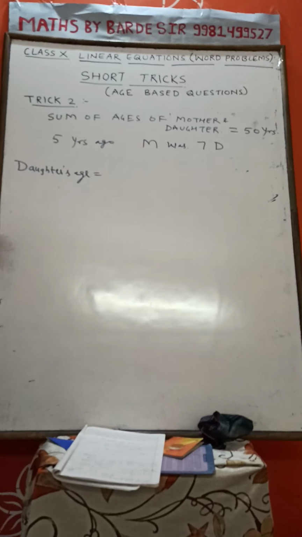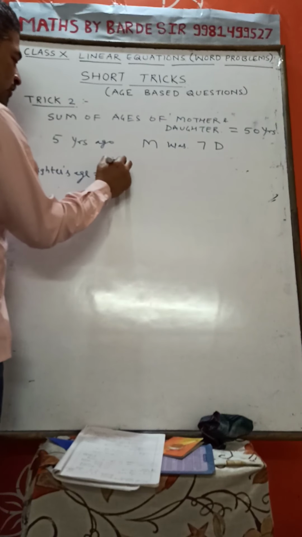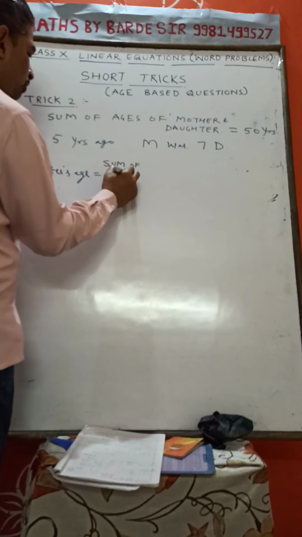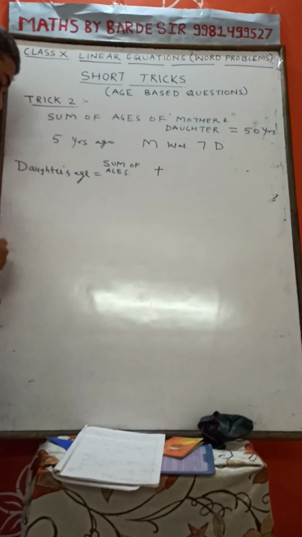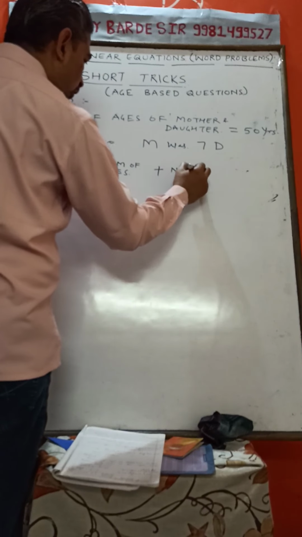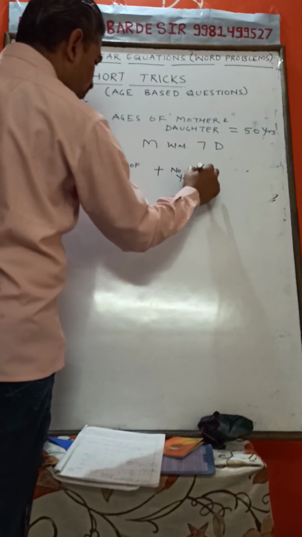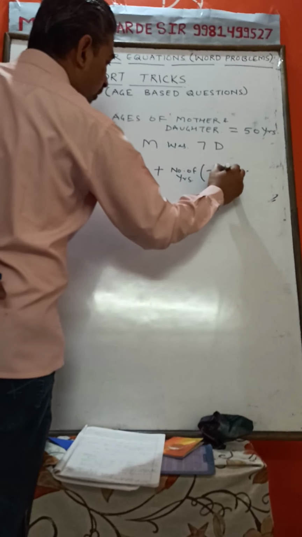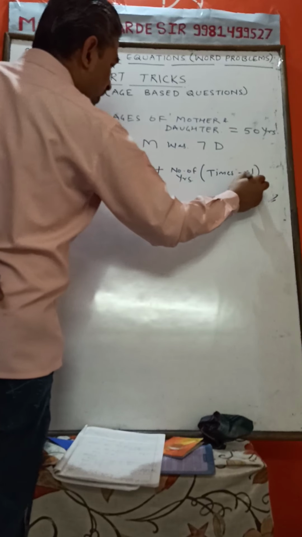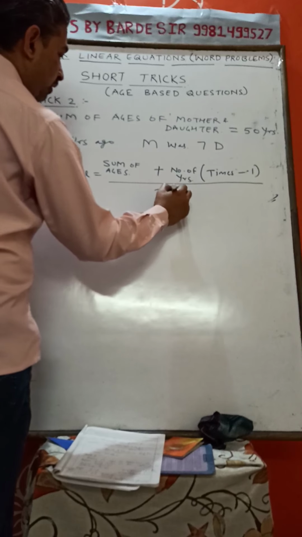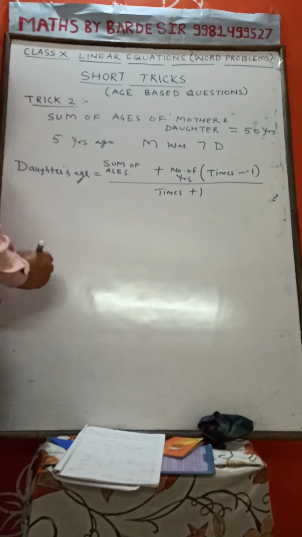So in this case, to find out daughter's age, we'll directly use a formula: sum of ages plus number of years multiplied by times minus 1, upon times plus 1.